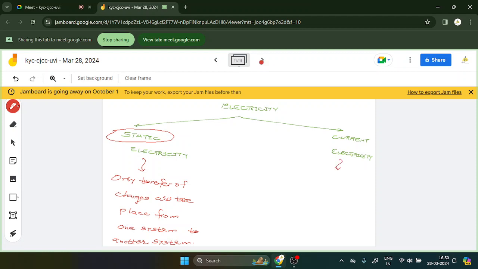Whereas in current electricity, there is the movement of charges, and due to this movement of charges there is the current.